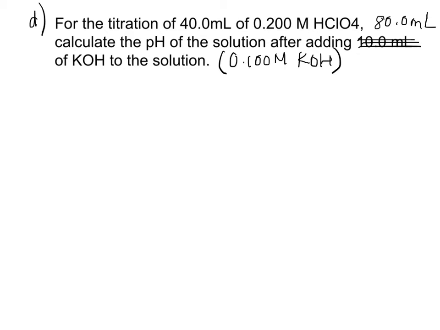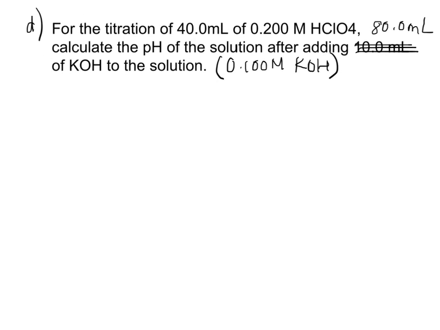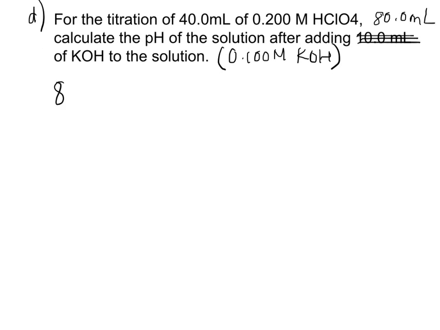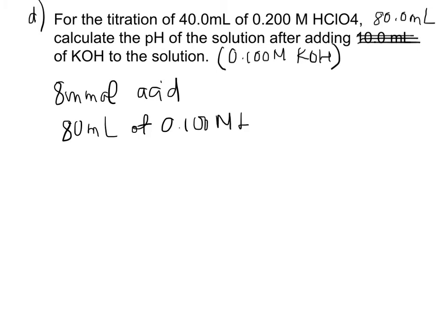I already know, because we calculated it previously, that we have 8 millimoles of acid. I'm going to calculate how many millimoles of base I have. We have 80 milliliters of base, a 0.100 molar KOH. That's going to give me 8 millimoles.